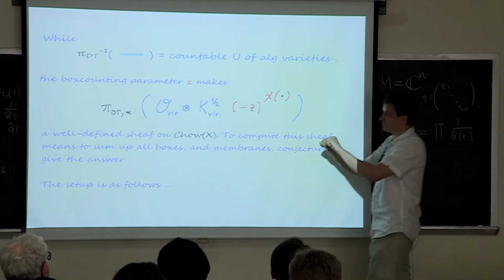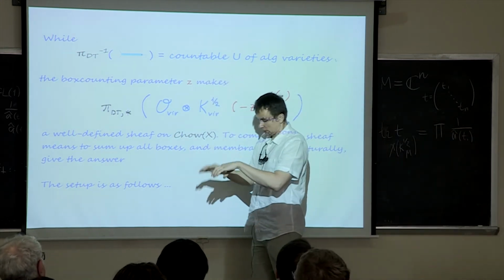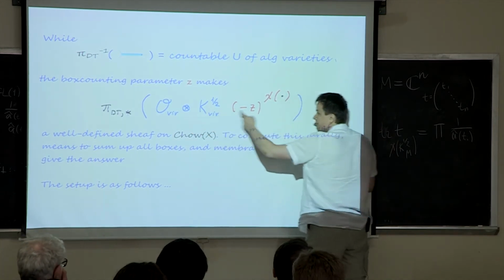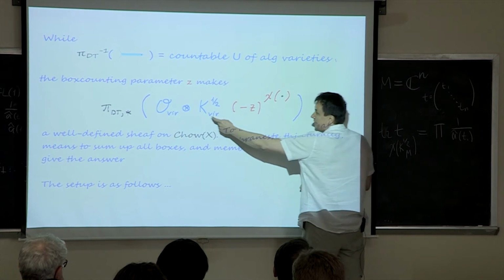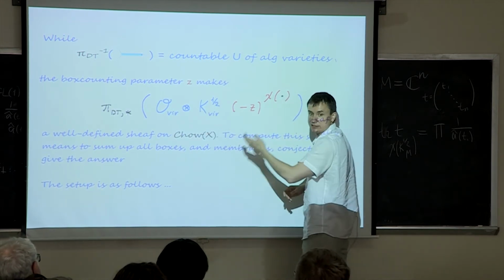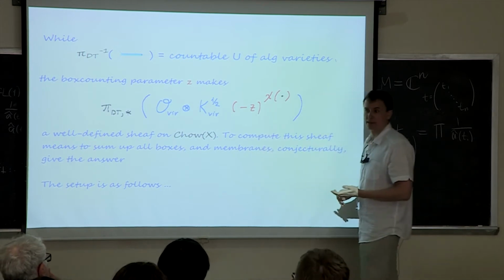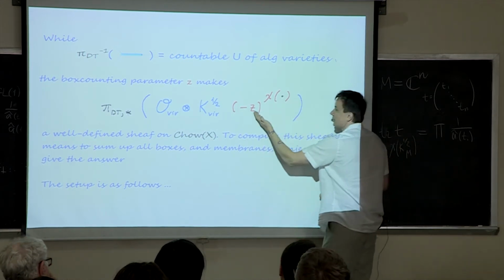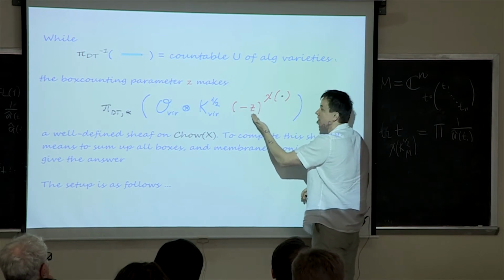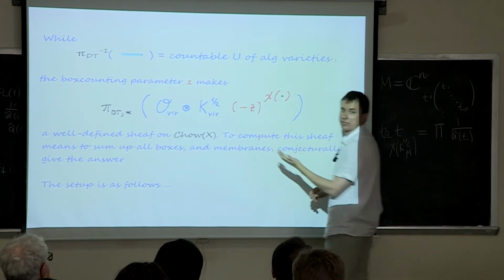Like I said, it's not a proper map, but this sheaf as a quasi-coherent sheaf on the Chow variety is well defined because it has this extra grading by how many boxes. It had that variable, so it's a well-defined object there.